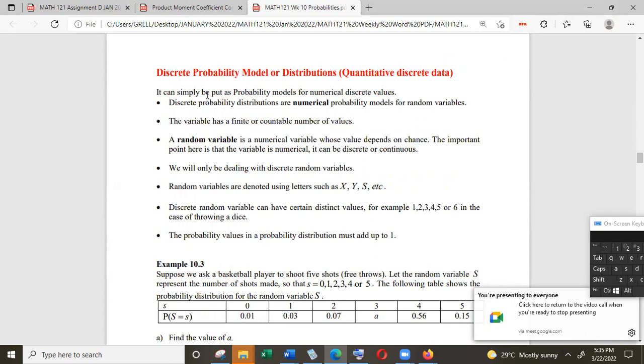It can simply be put as probability models for numerical discrete values. You have some key points. Discrete probability distributions are numerical probability models for random variables. The variable has a finite or countable number of values. A random variable is a numerical variable whose value depends on chance.